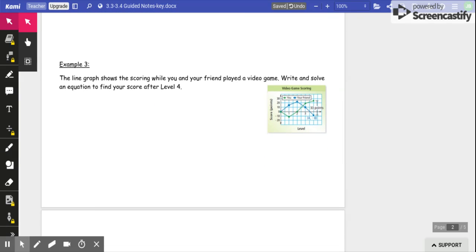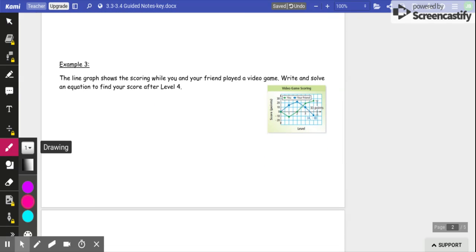All right, let's take a look at example 3. The line graph shows the scoring while you and your friend played a video game. Write and solve an equation to find your score after level 4. Your friend, who is in the blue over here, is at negative 8.